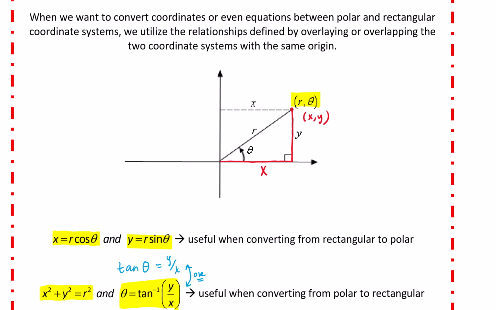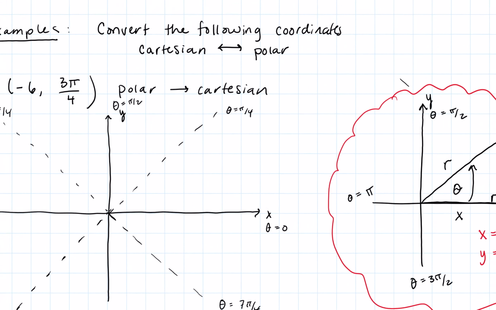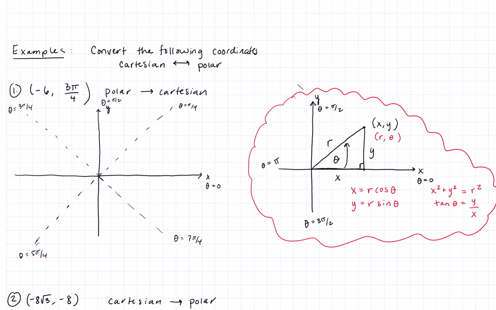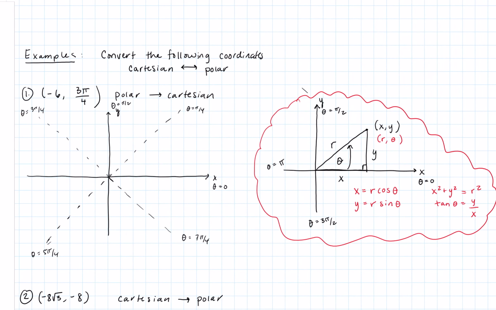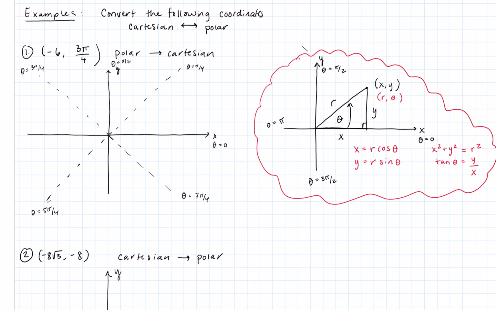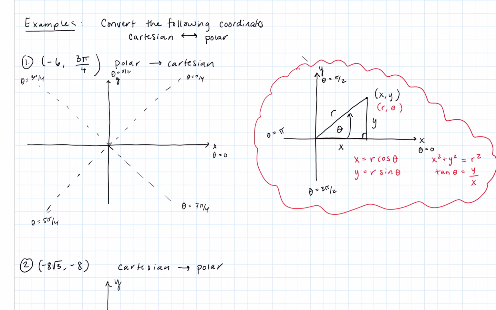Okay, so now let's take a look at a couple of examples where we utilize these relationships to convert between the two systems. On both of these examples, I want to convert from one system to the other. On this first one, I want to convert the polar coordinates. As I wrote here in the instructions, I want to take the polar coordinates that are given and rewrite them in their Cartesian or rectangular form.